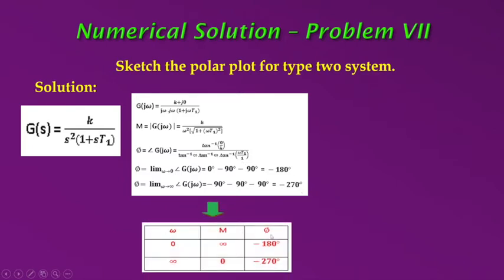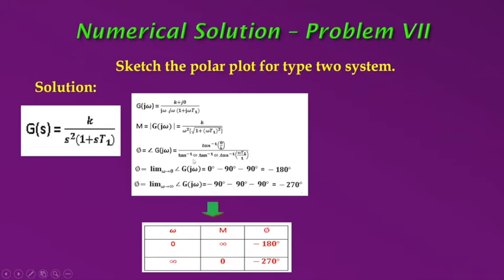Then taking this table, when omega equal to 0, then this magnitude is infinity. When omega is infinity, then this magnitude is 0. Then calculate phase angle when omega equal to 0. Put omega equal to 0, then this value is 0.